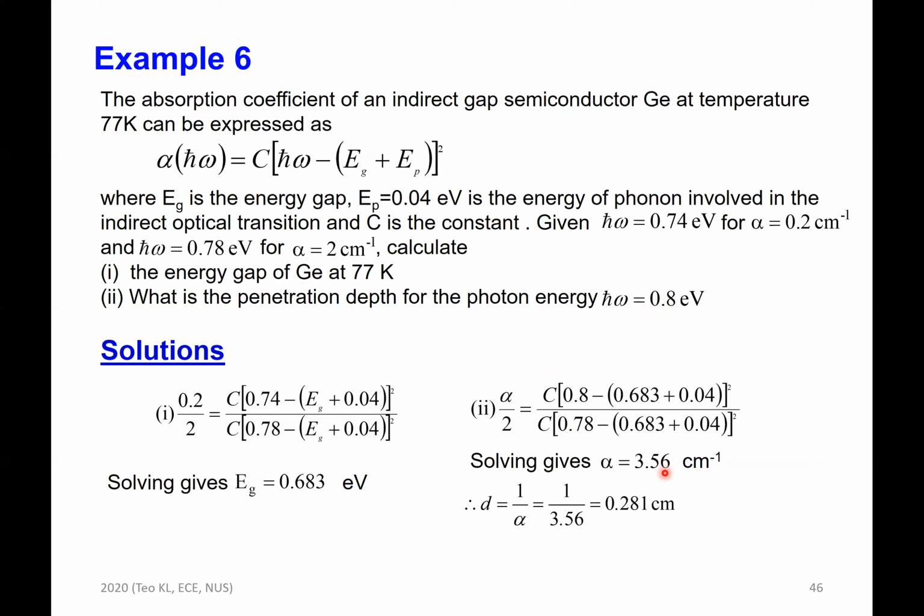That gives you the value of 3.56 per cm. The penetration depth, as we discussed in the earlier session, is equal to 1 over alpha. That gives you the value of 0.281.